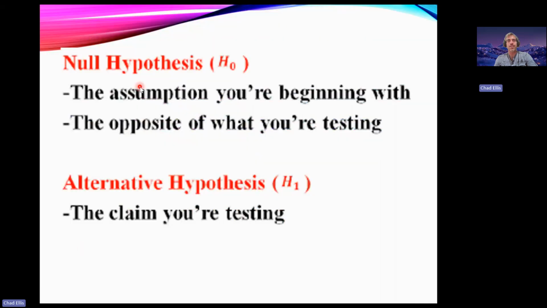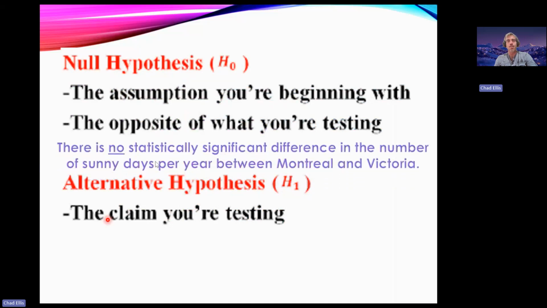In this case, the null hypothesis is the assumption that we're beginning with, and it's the opposite of what we're testing. We're trying to see whether there's a difference in sunny days between Victoria and Montreal. So if we go with the opposite of what we're testing, our null hypothesis for this example is that there's no statistically significant difference in the number of sunny days between Montreal and Victoria.